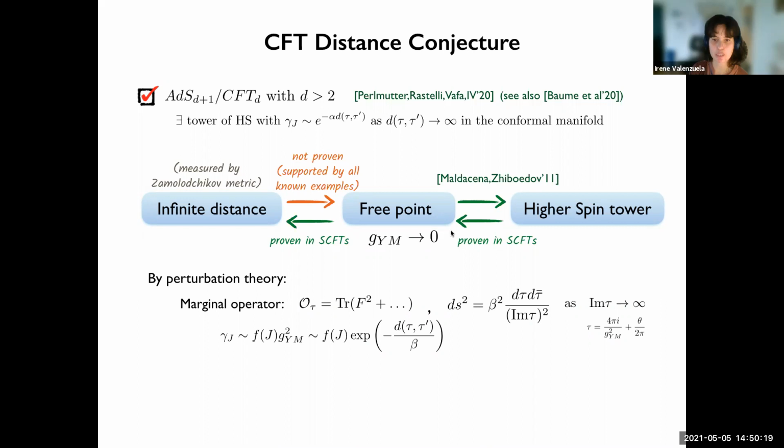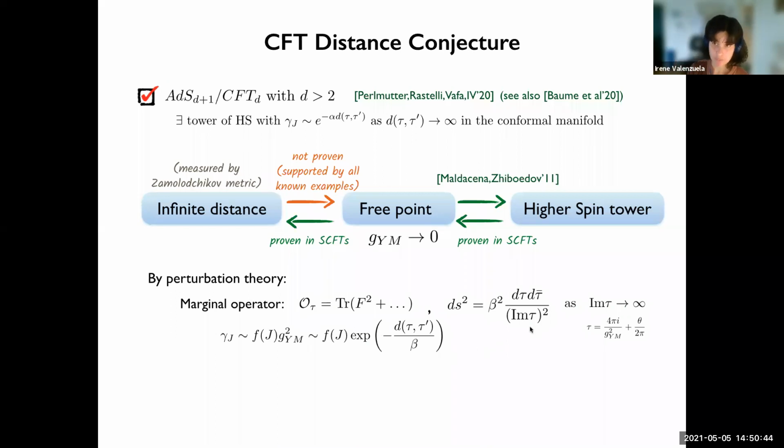When I say that the green arrows are proven, it is because if we are near some free point, so that the gauge coupling is small, we can just use perturbation theory to compute what would be the metric exactly, right? Because then the marginal operator is just going to be trace of F squared, and the metric has this hyperbolic form.